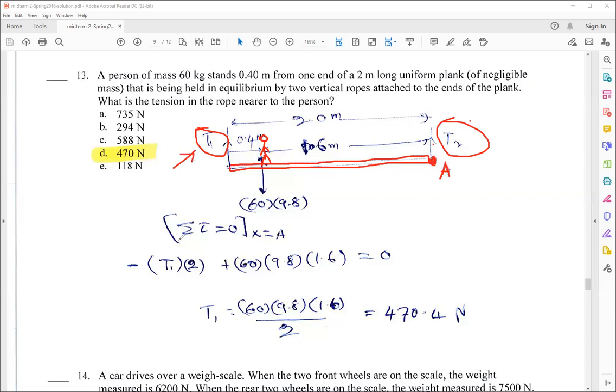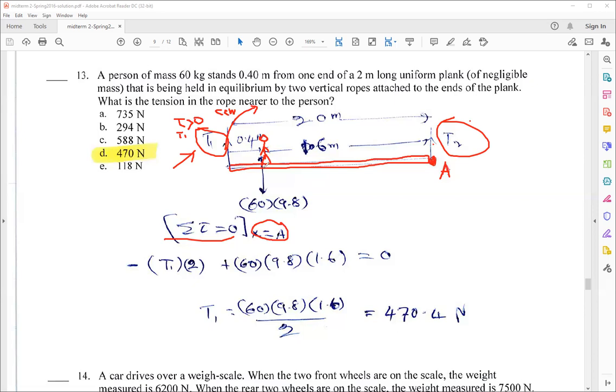Now net torque around point A, so point A will be my fulcrum, equals 0, rotational equilibrium. Tension 1 will tend to cause a counterclockwise rotation.